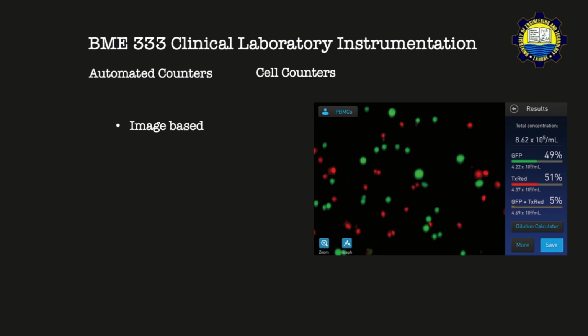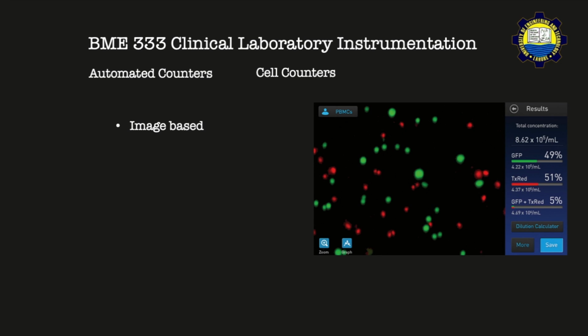So these image-based counters utilize a bright field or fluorescent approach. They basically employ certain dyes to ensure that microscopes are able to look at them. So they would be seen under fluorescent microscopes, and they're coupled with digital cameras, which could be CCD or CMOS sensors.